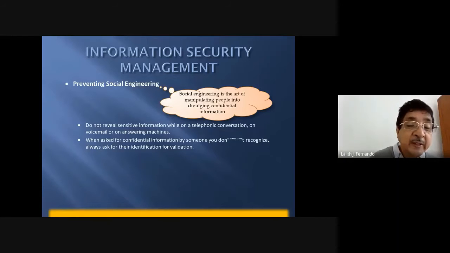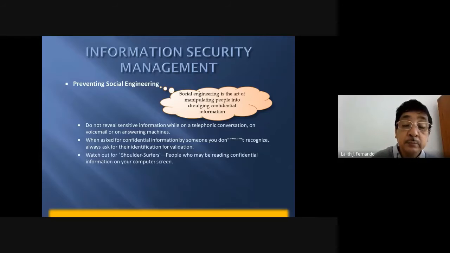Now, these are the normal etiquettes, but I think people should have a good knowledge about it. These things are very general. Watch out for shoulder surfing, which means someone can lean over your computer from the backside or sideways, reading confidential information on your screen.